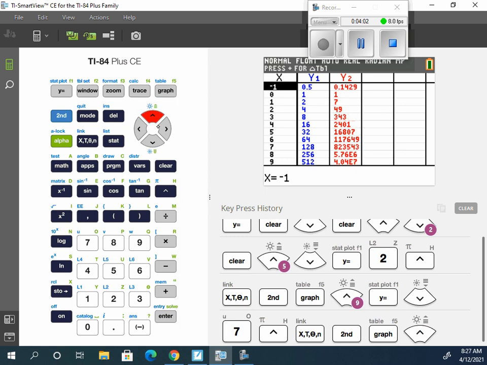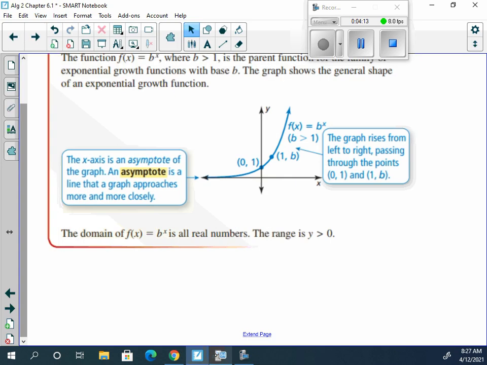But one of the things about this is that this function here, just the normal exponential growth, will never equal 0.